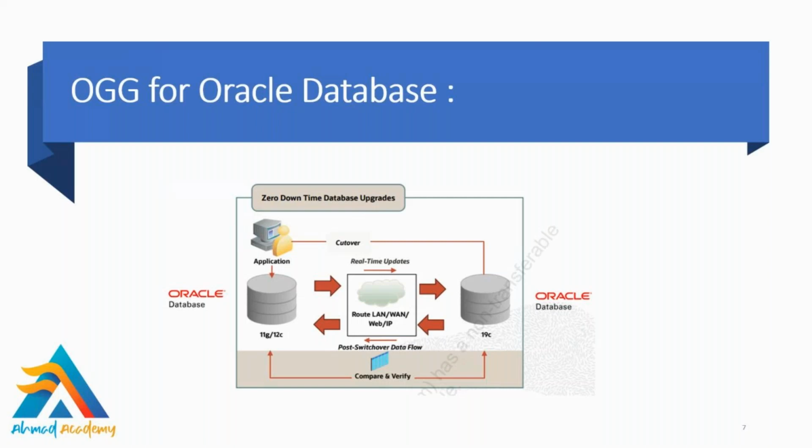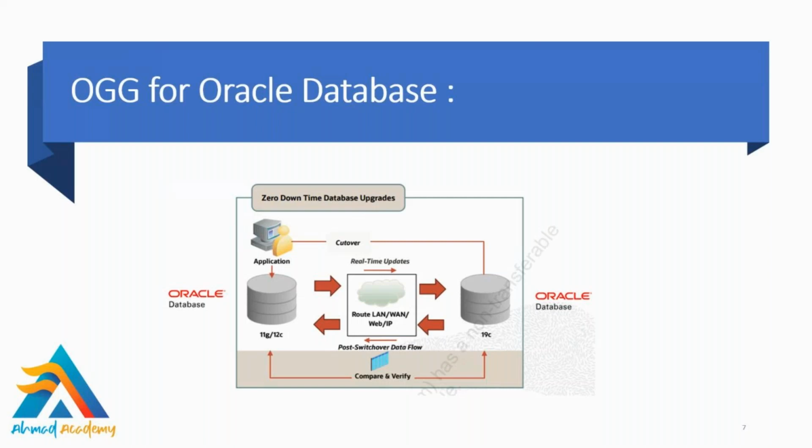Golden Gate 11.2 supports Oracle 10.2.0.4, and older versions of Golden Gate supports Oracle 8i and 9i, but they are no longer on the certification matrix because Oracle is not supporting 8i or 9i or 10g or 11g. So Golden Gate can also be used to upgrade or migrate non-Oracle databases.